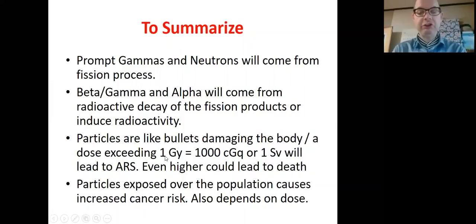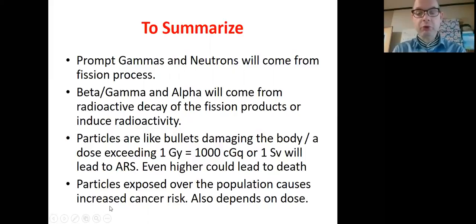If you have a dose which is higher than 1 gray or 1,000 centigray, sorry, I think that's not right. I think there should be 10,000. I'm not sure. But if the dose is high, then it could lead to ARS, or acute radiation syndrome. If you get a really, really high dose, it could even lead to death. If you get a slightly lower dose, then there are things that you can do medically to try to become healthy.